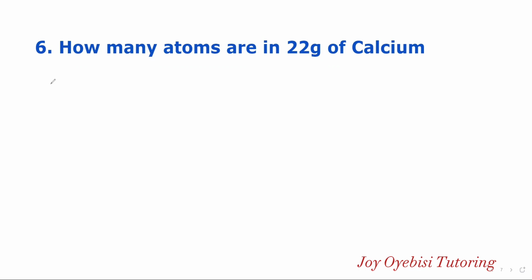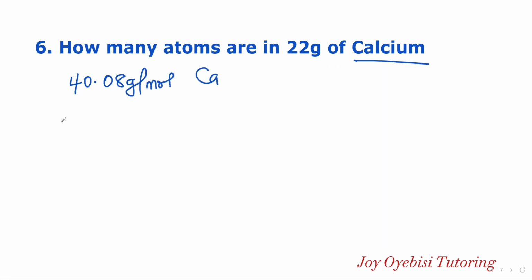So the first step would be to convert. Since they gave you an element, the molar mass is the same as the mass in the periodic table. So calcium has 40.08 grams as the molar mass, okay? So you just have 40.08 grams per mole for calcium.